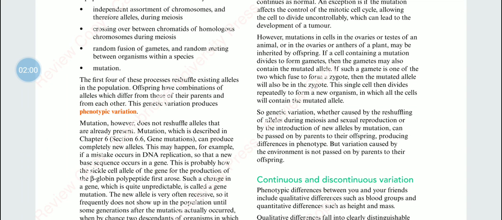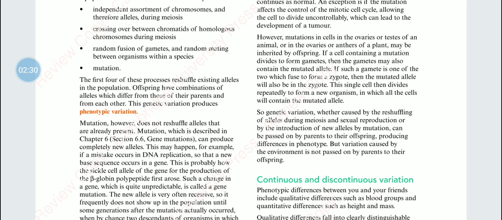Then if that gamete forms a zygote, and if that zygote contains a compatible mutated allele, then that genotype will be shown.